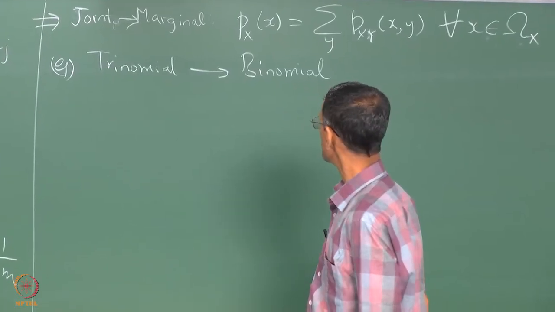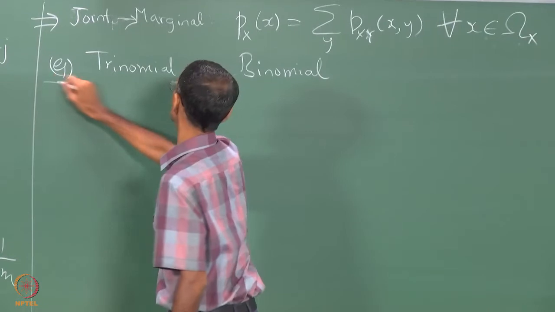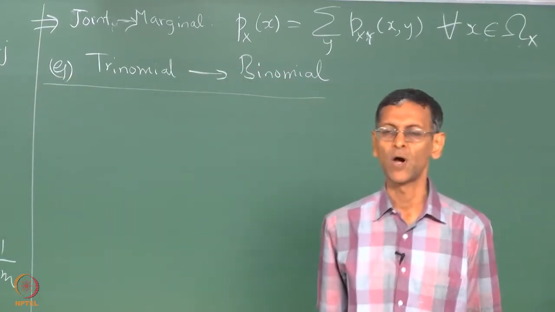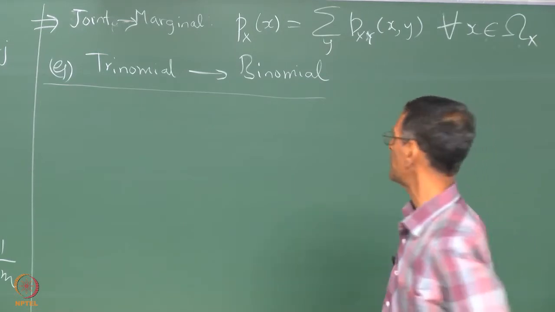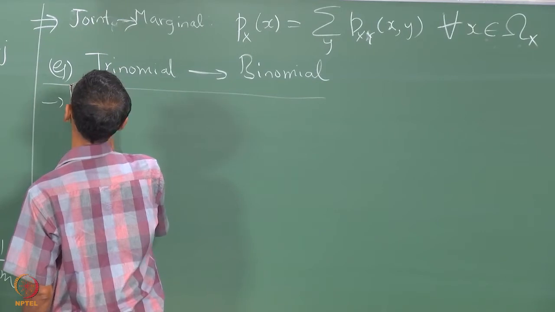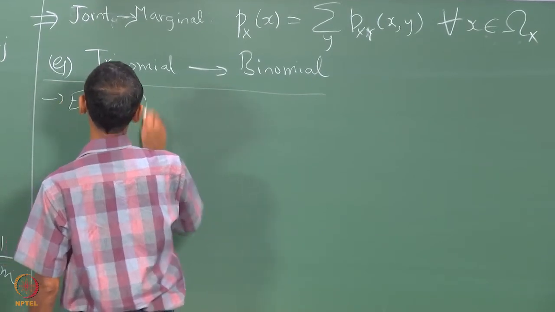So, we move on with today's material. Now that we have defined all these random variables X and Y and so on, what events can we look at? Some events of interest.